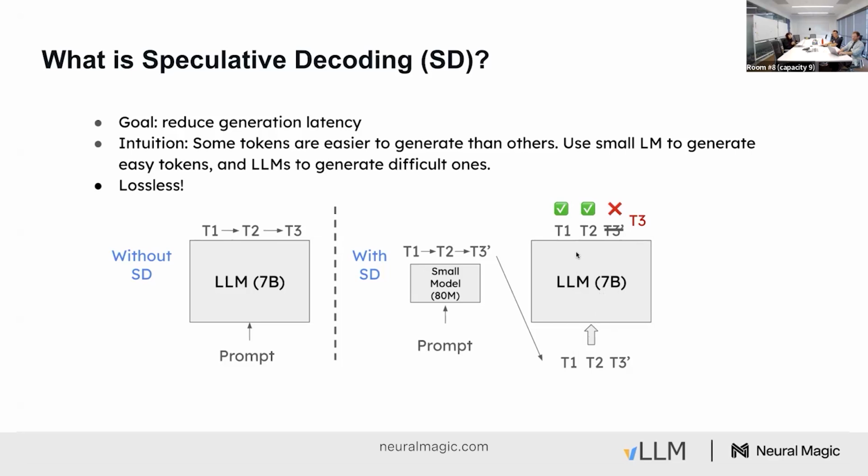Compared to normal decoding, where you run the forward pass once and generate 1 token, with speculative decoding you call the large model once but generate more than 1 token. In that case, it can reduce the generation latency. This is a very high-level description of the algorithm of speculative decoding.